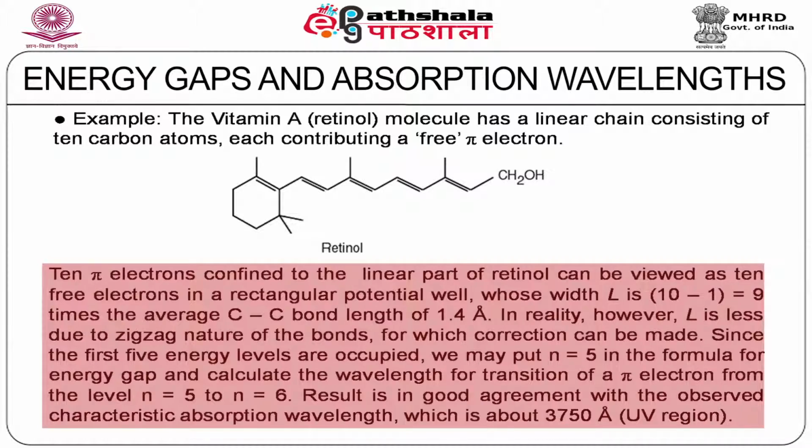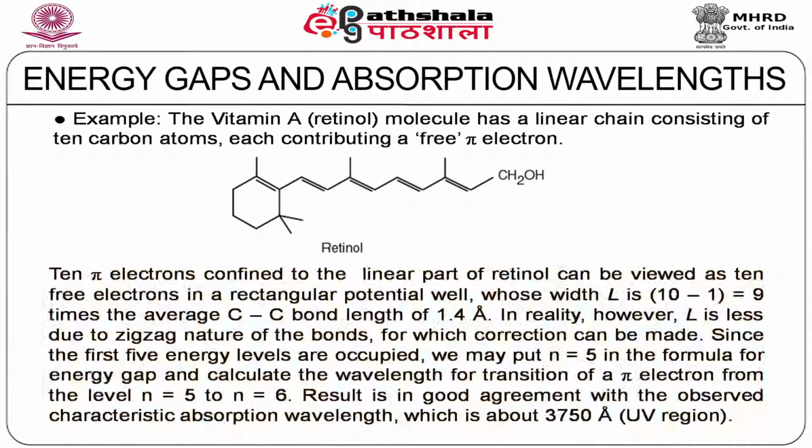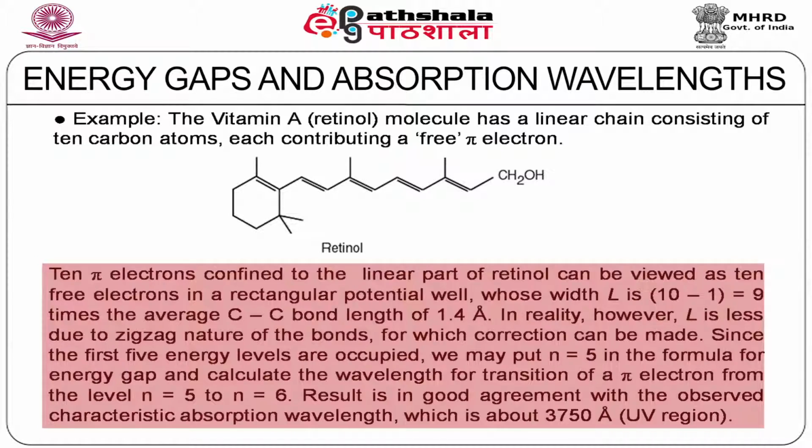This can be viewed as 10 free electrons in a rectangular potential well, whose width is 10 minus 1, it has got 9 bonds. So the width L should be 9 times the average carbon-carbon bond length of 1.4 angstrom.